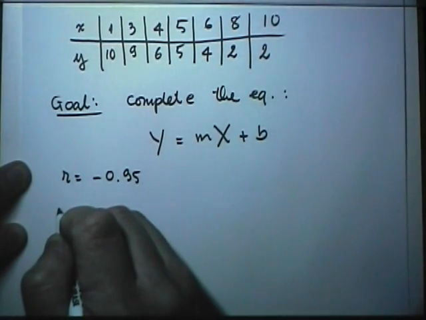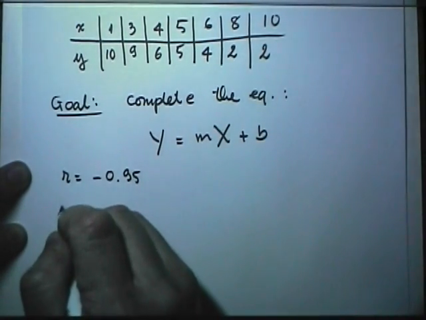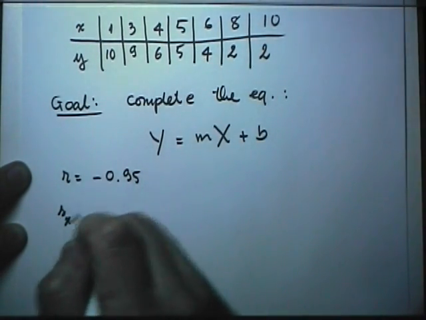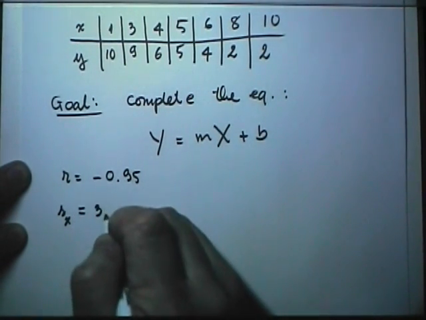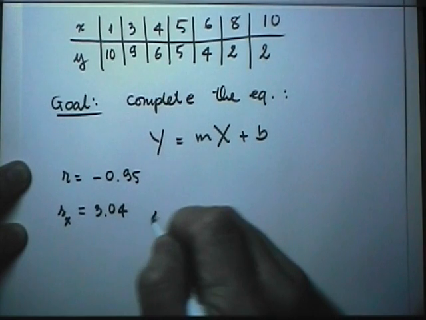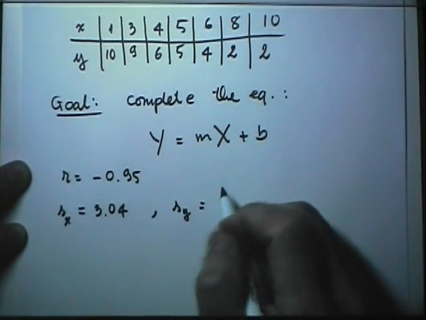Also, if I look back at the example of finding the correlation coefficient, I learned that my standard deviation for X is 3.04. The standard deviation for Y is 3.15.